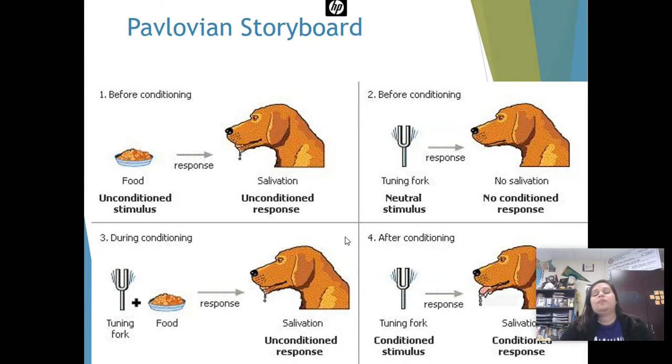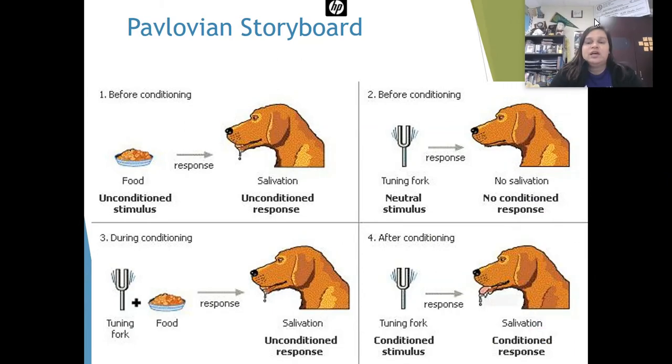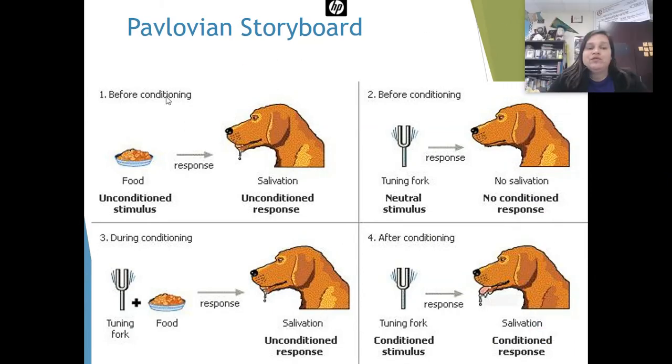Another way of looking at this, in the Pavlovian storyboard before conditioning, we had food, which is an unconditioned stimulus, triggers a response of salivation, which is an unconditioned response. Before conditioning, the tuning fork is neutral and it triggers no conditioned response. There's no salivation. During conditioning, so during training, we're ringing that tuning fork, we're bringing out the food, and the dog drools.